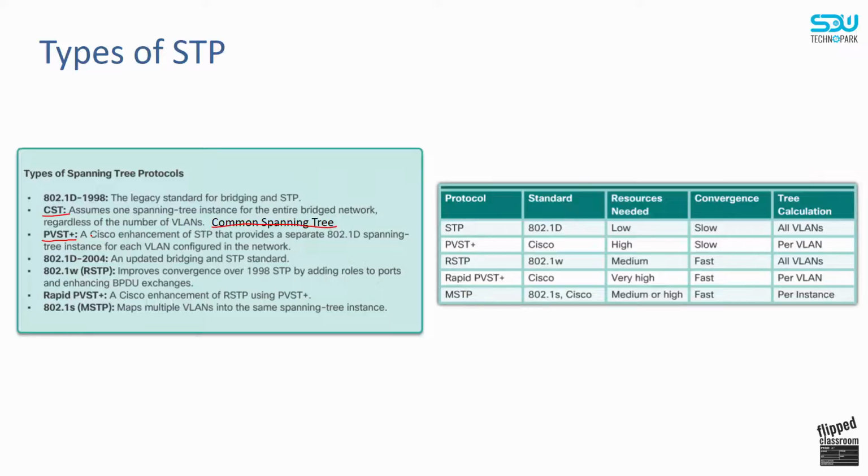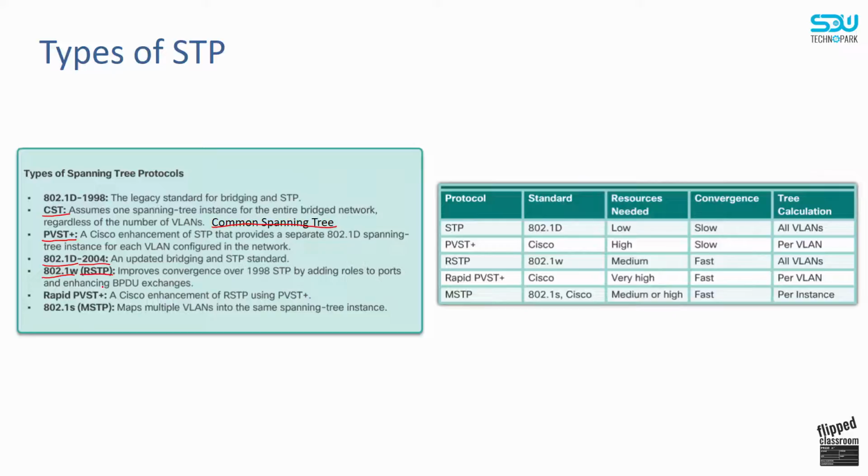And in 2004, STP was changed a little bit. It still has the format of 802.1d; it just updates the STP standard. Also, we have the protocol 802.1w, which is RSTP, which works much faster.